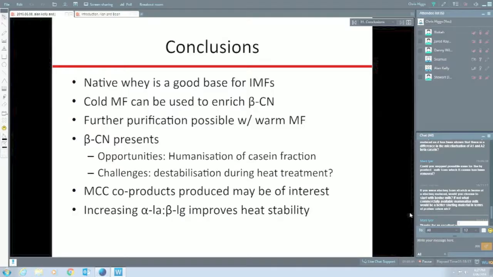So removing some of it from the starting material for making cheese has been shown to improve meltability, and that's some work we did between UCC and Madison. And the other thing that we've seen more recently is improved solubility and rehydration of the resulting milk protein concentrate powders.